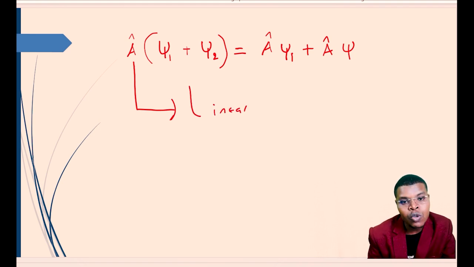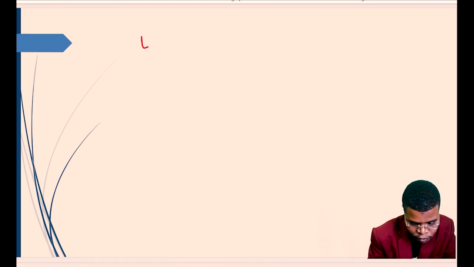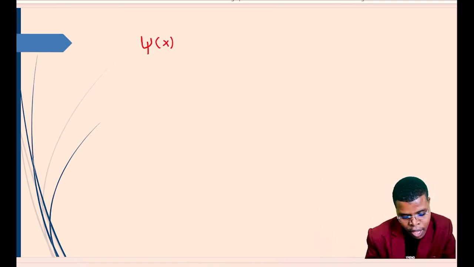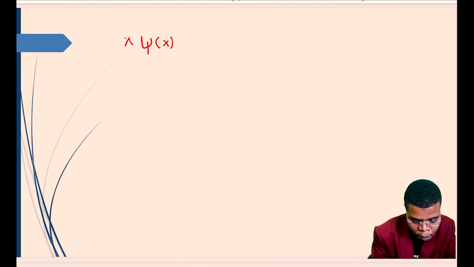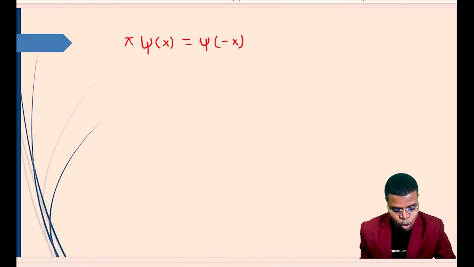So we will use this condition to prove that the parity operator is a linear operator. Let us take an example. Suppose you have the wave function ψ(x), and you apply a parity operator Π. What will you get? You will get ψ(−x). Okay, let us analyze this equation.